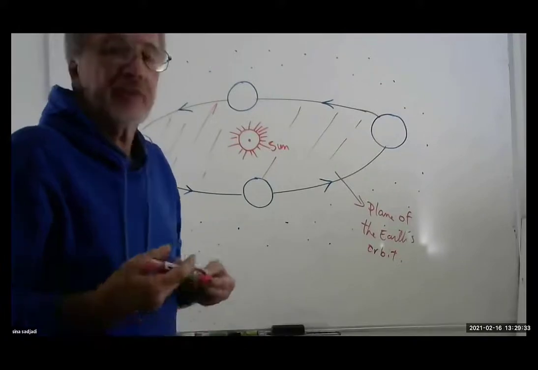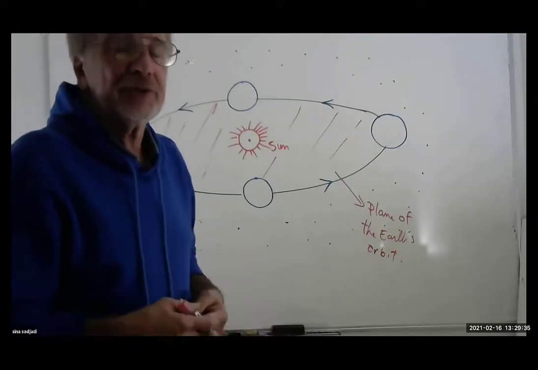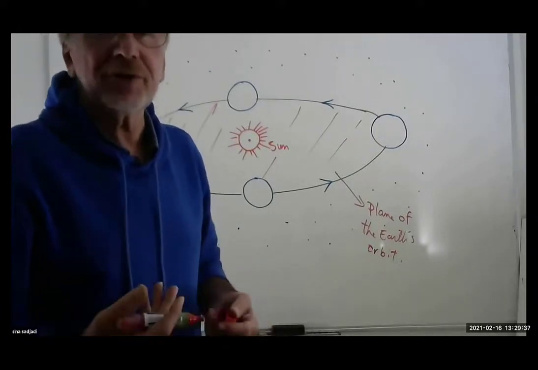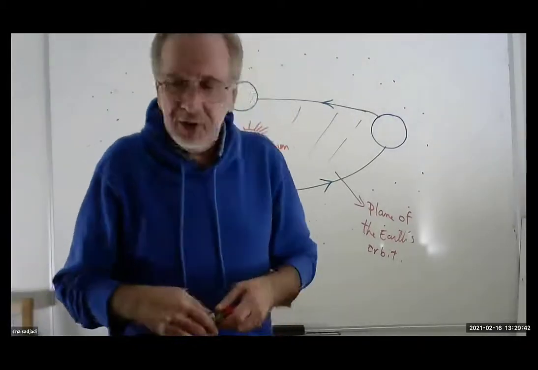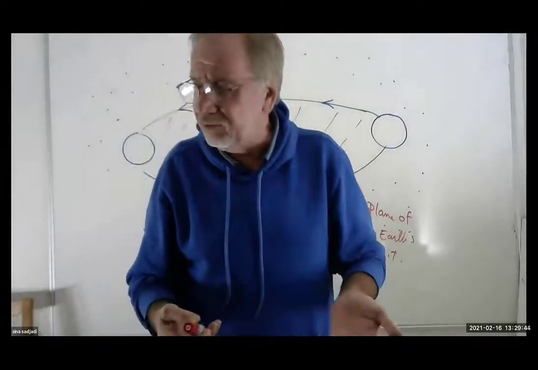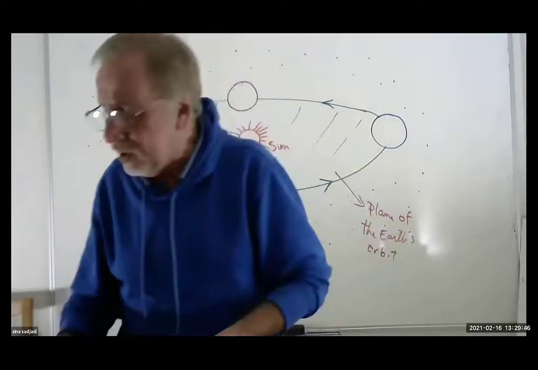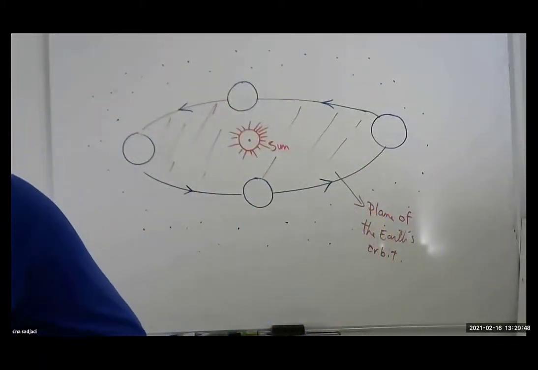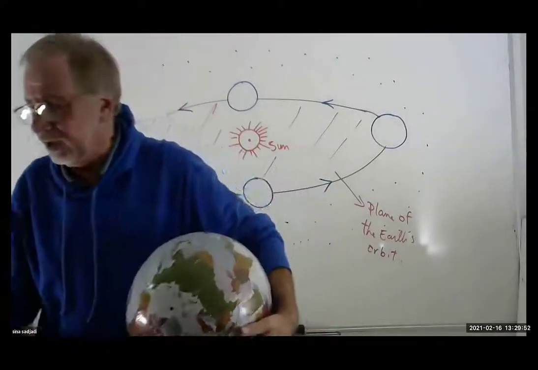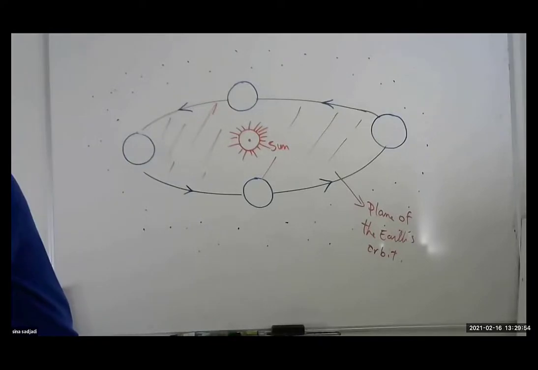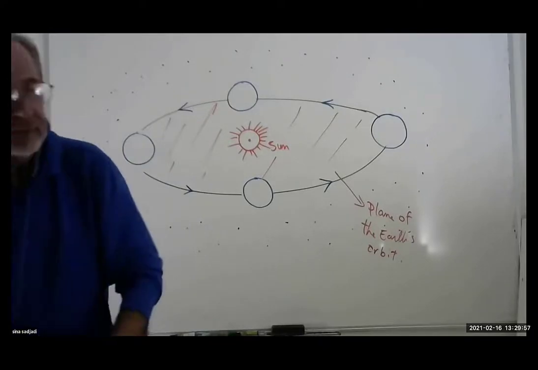Now, the reason I'm giving the Earth's plane is because of the tilt of the Earth. Everybody says the Earth's axis is tilted 23.5 degrees. But 23.5 degrees as compared to what? This is the tricky part, you guys. Let me give you a diagram instead.